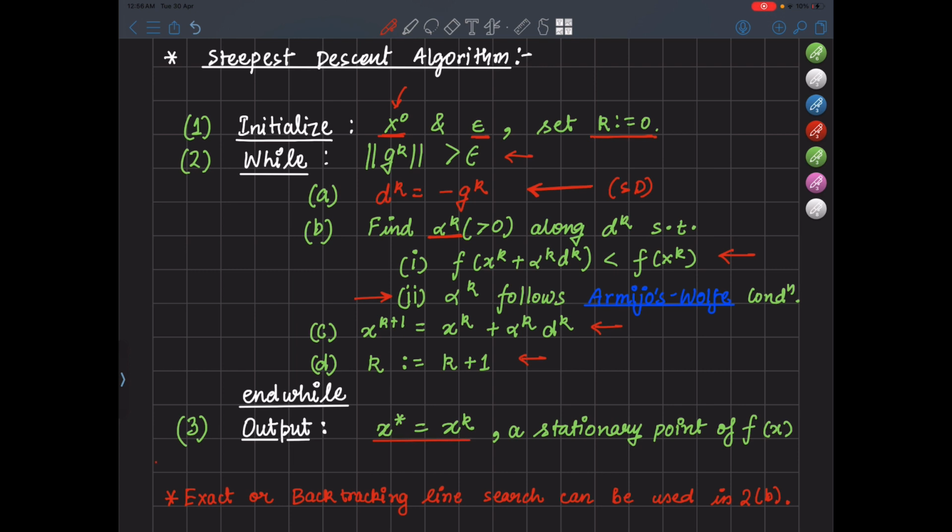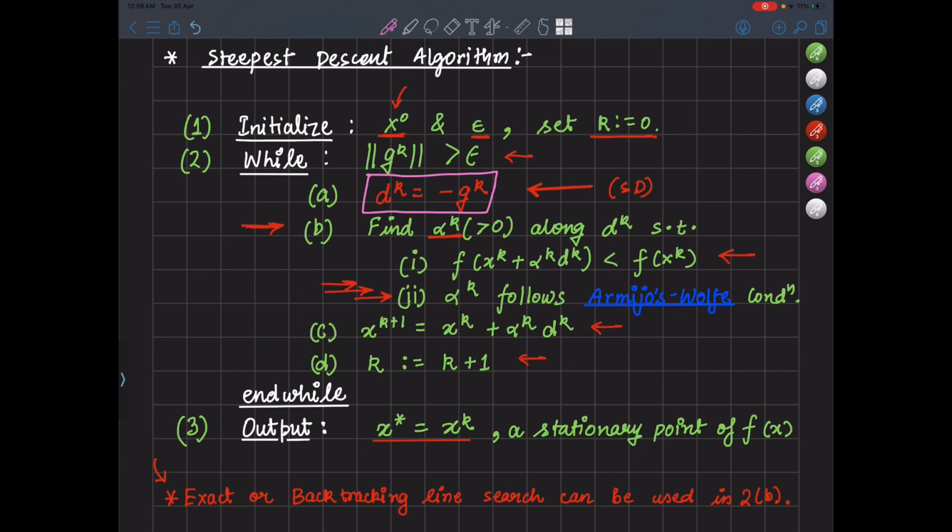Now please note that the elaborate algorithm has not been shown here, but while using the Armijo and Wolfe conditions, you can either use backtracking line search, or if you don't want to use the inexact line search, you can use exact line search as well. In both cases, the algorithm remains the steepest descent algorithm, because the main step in steepest descent is selecting the descent direction equal to minus gk.